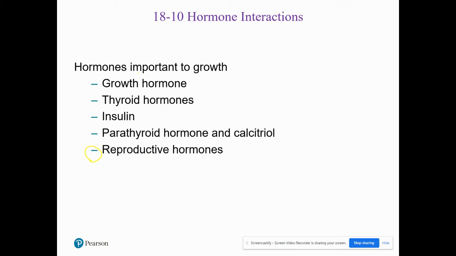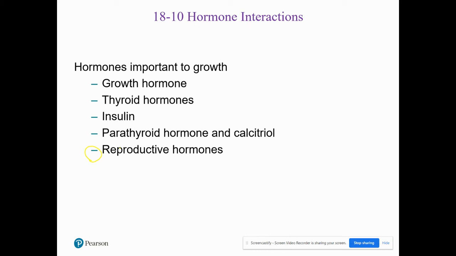If you don't get certain hormones, whether it's while you're in utero, up to 40 weeks, or adolescent prior to puberty, you're not going to develop correctly.